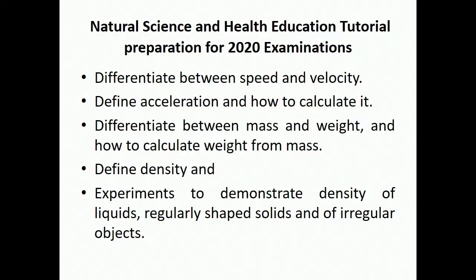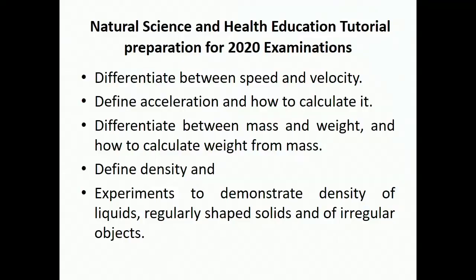And also know the difference between those two terms: what is a vector quantity, and what is a scalar quantity. Also, under the same topic, you should be able to calculate speed or velocity. Remember, these two are the same. There is only one difference that distinguishes them. So know the formula for calculating speed or velocity, and also the unit of measurement.